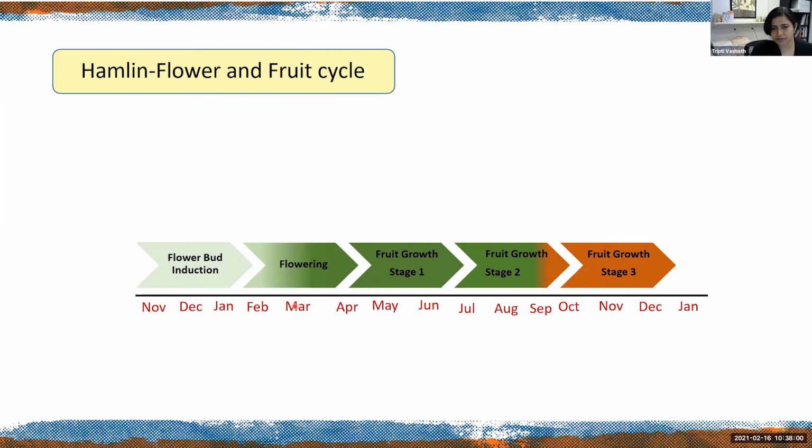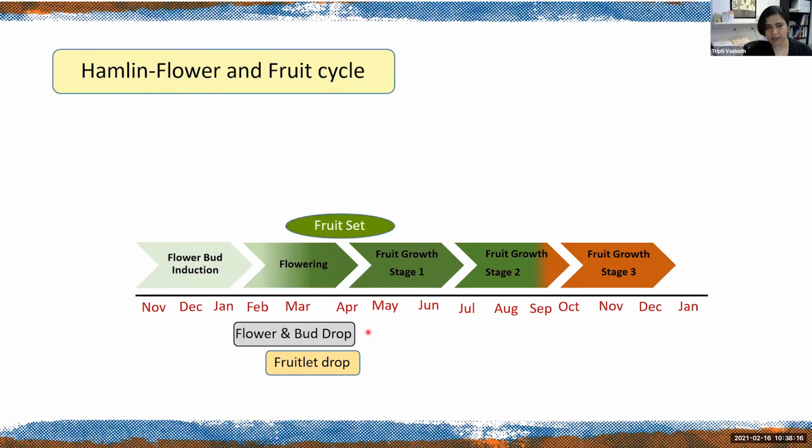And during these different stages, you see different kinds of drops. So when you have flowering happening, you do see flower and bud drop. Then you also see fruit drop, fruitlet drop happening when the fruit set starts happening. You have fruit set happening at the same time.